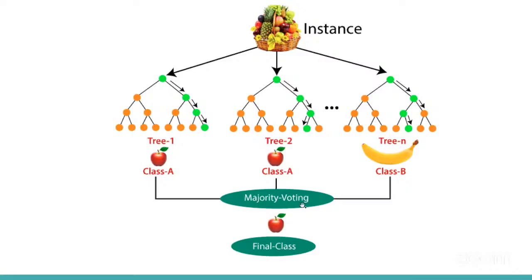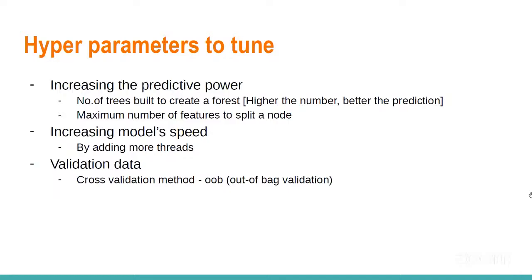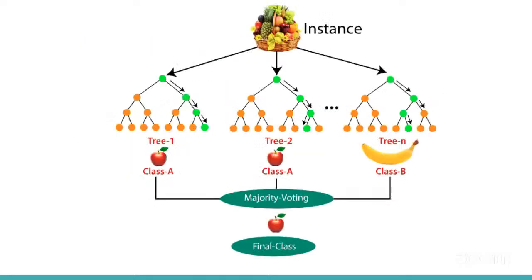Here two people said apple, one said banana. I'm going with apple because two people said it's apple. And this is essentially what a random forest is. A collection of trees, you have a forest. That's what it means.